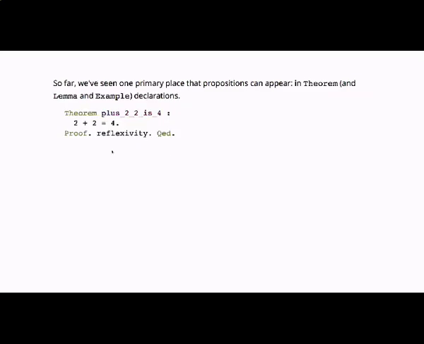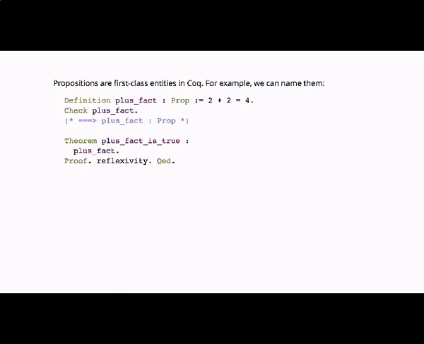Okay, so far we've seen propositions basically in one place, which is after the colon in an example or theorem. And what I want to begin by showing you is that there are some other places they can appear. For example, we can make a definition of an identifier of type Prop.